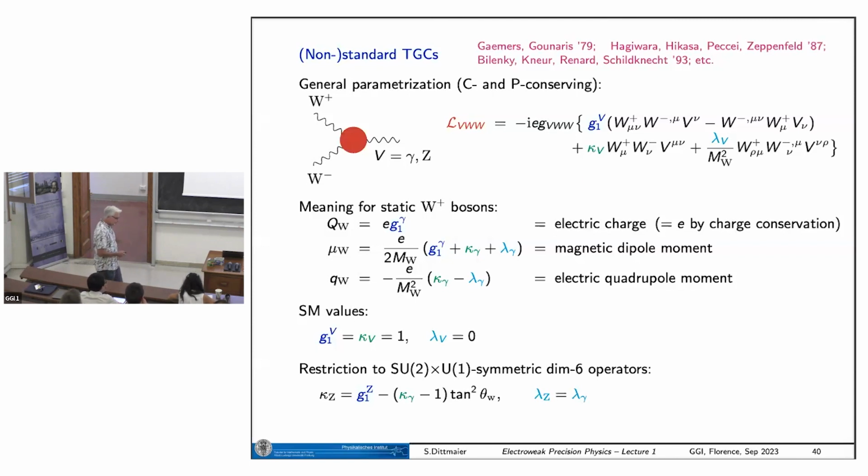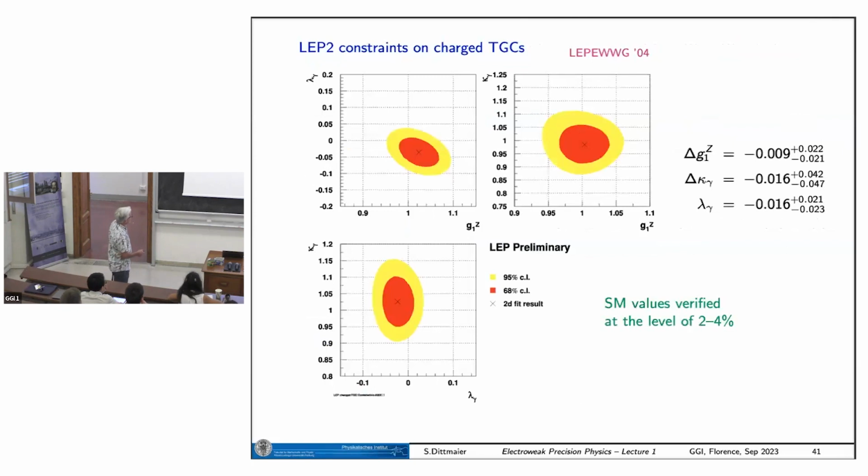So what came out of it was this, the G here, the lambda for the photon, and here we have the kappa for the photon. They were just fitted together, and you see the allowed ranges indicated here at various confidence levels in red and yellow.